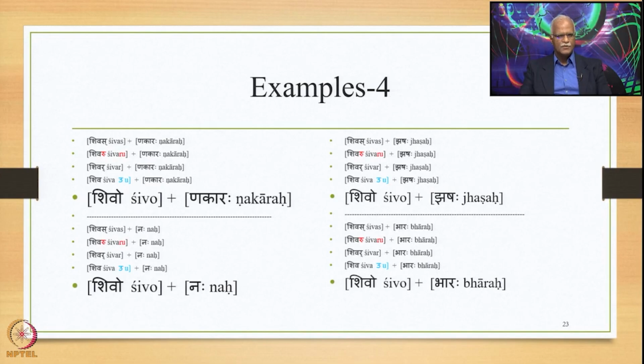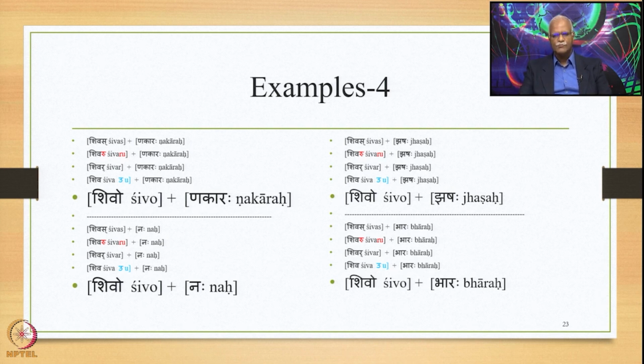Similarly, Shivas plus Nakaraha, and the output generated is Shivo Nakaraha. Similarly, Shivo Naha is the output generated from the input Shivas plus Naha in the same fashion. Also, we have Shivas plus Jhashaha being the input, and the output generated is Shivo Jhashaha.